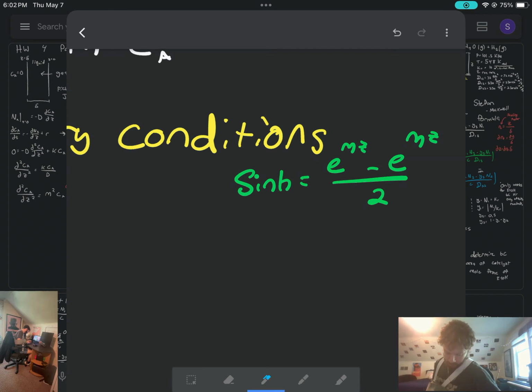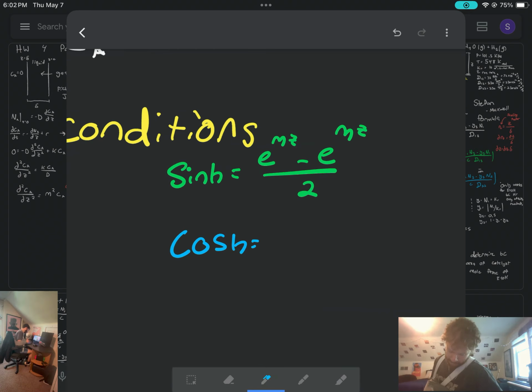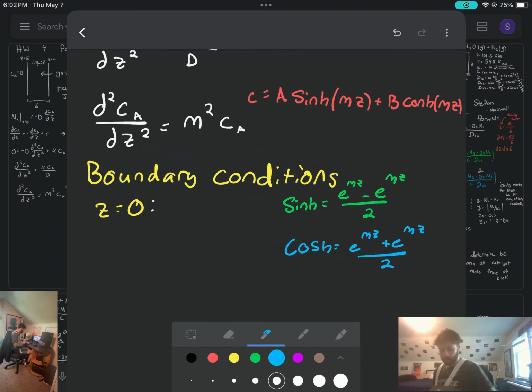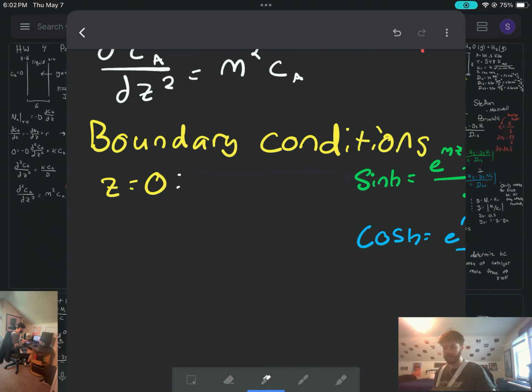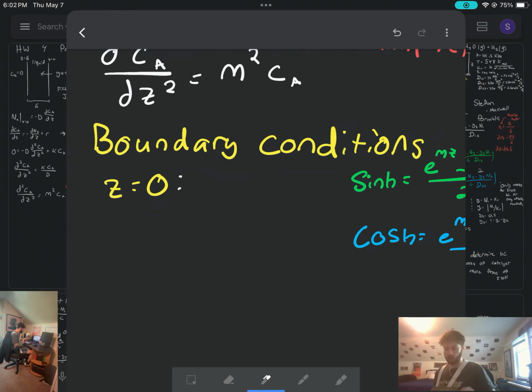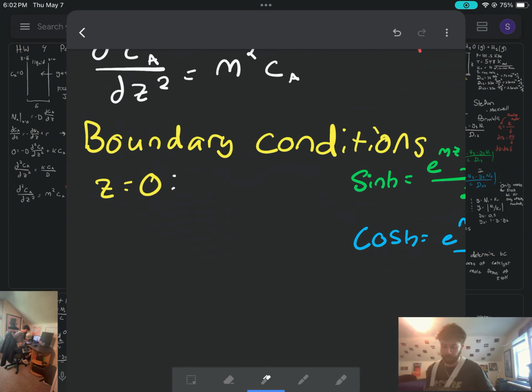And similarly, our hyperbolic cosine is equal to e to the mz plus e to the negative mz, divided by 2. So we can use that simplification to help us solve for our boundary condition at the interface.